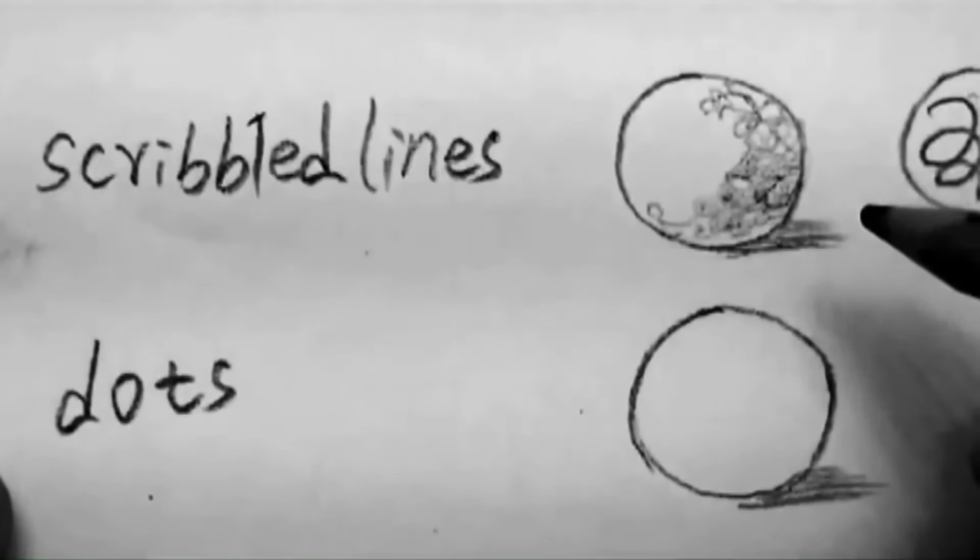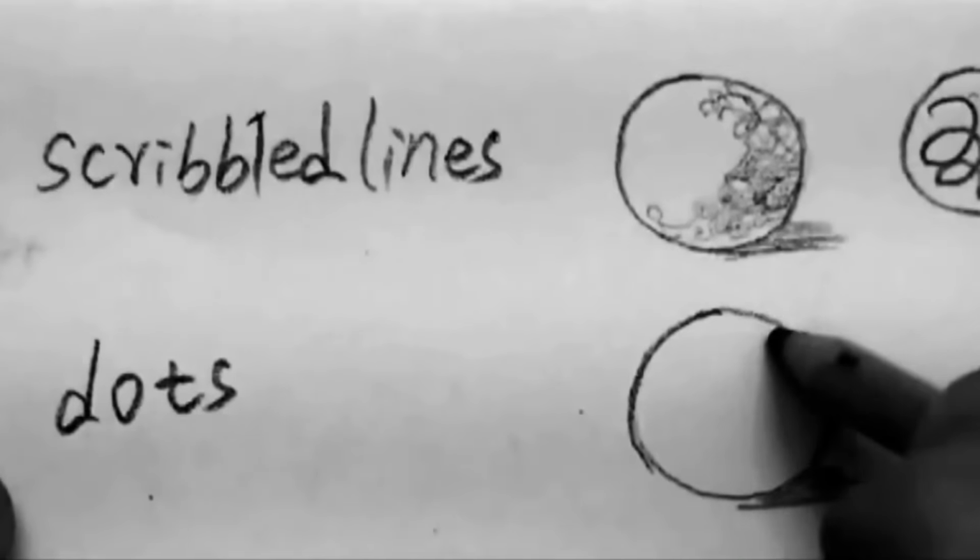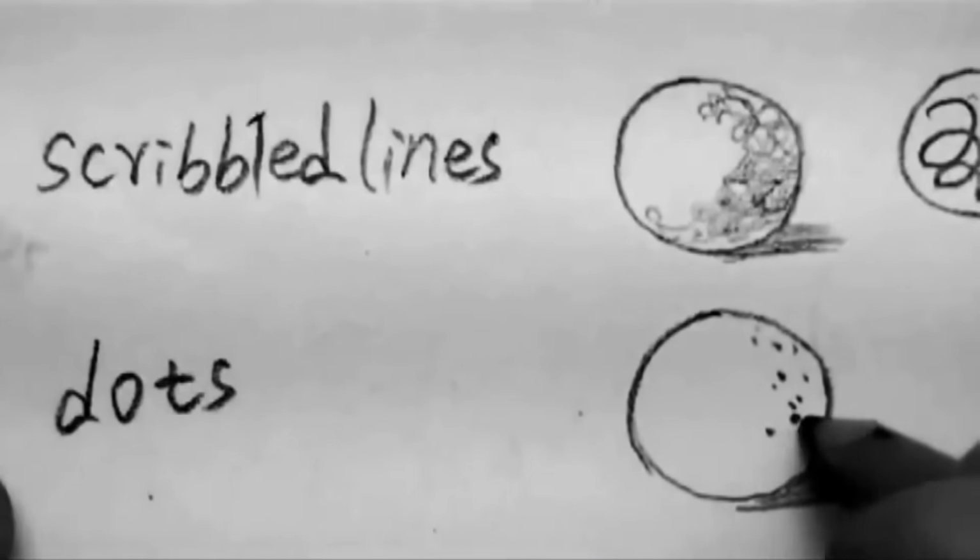Sometimes I use dots to shade, just like this. Sometimes I draw wavy lines to get a tonal effect. And sometimes I draw lines like drawing a fan.